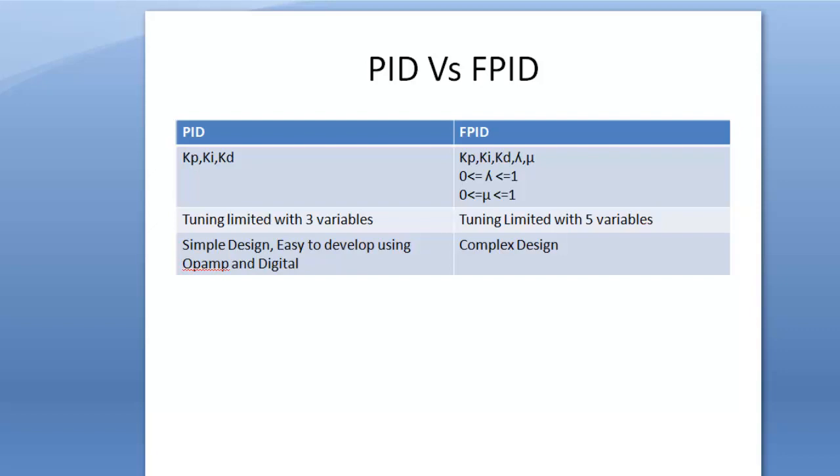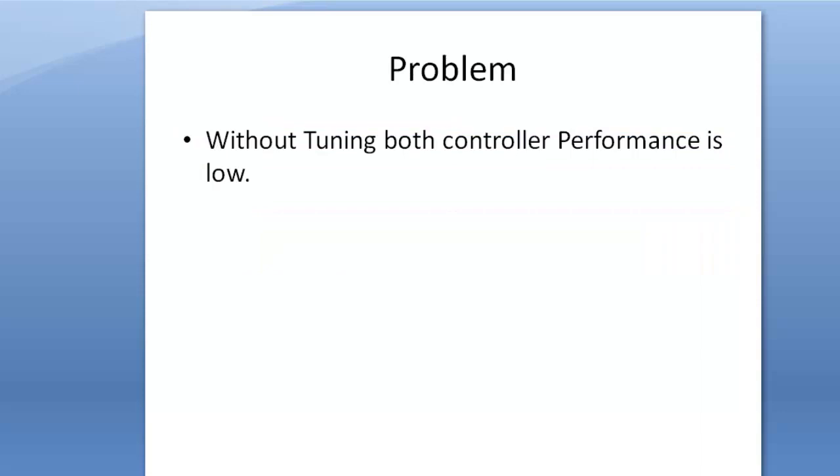Okay, let's move on to the code. Before the code, what's the main problem? For PID and FPID, tuning is the main process. Without tuning, the performance is very poor. In tuning, we need to achieve the best Kp, Ki, Kd, that means the controller parameters.